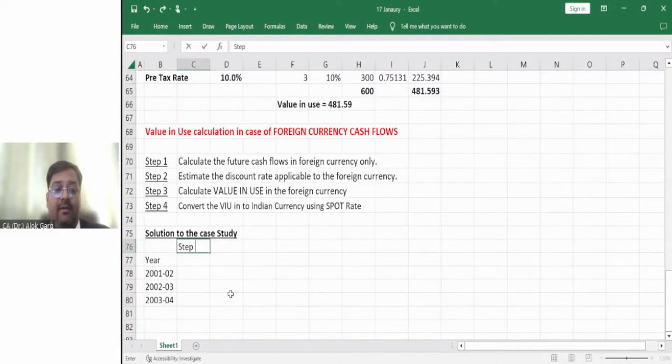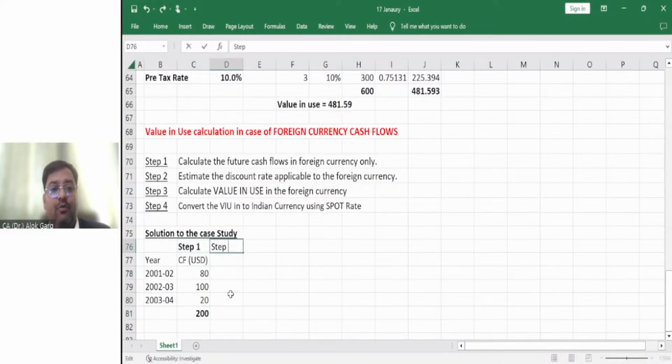Step number 1 is the cash flow in foreign currency, the cash flow in US dollars. What is the cash flow given? $80, $100, $20. The total cash flow is $200 in 3 years. This is your step one.